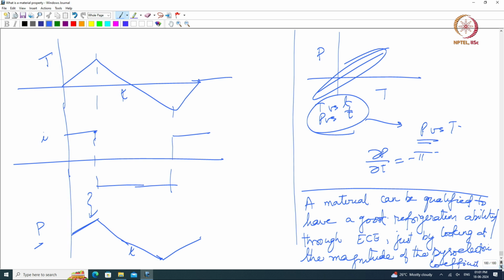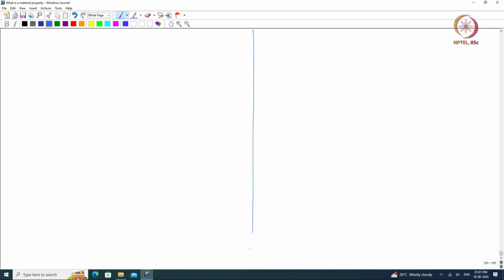Okay. So that is the beauty of thermodynamics, it relates seemingly unrelated properties.